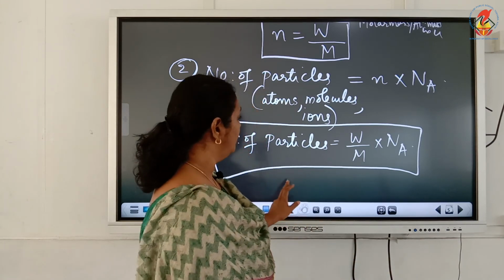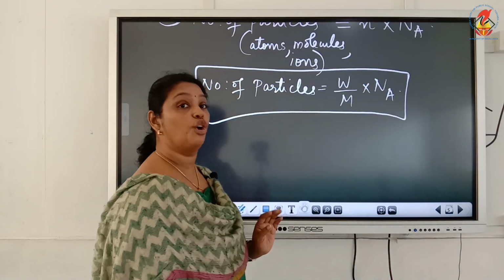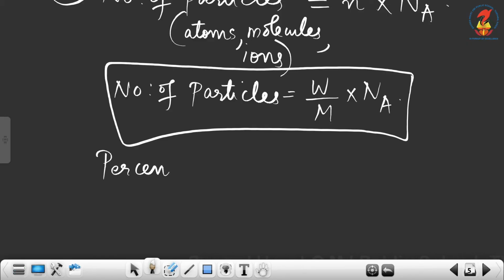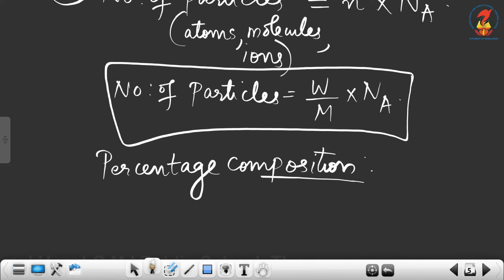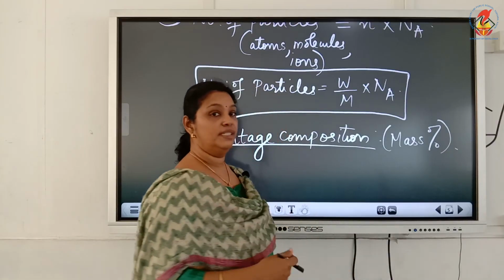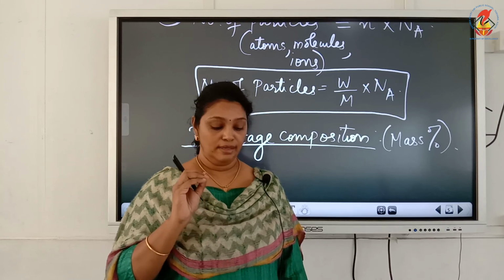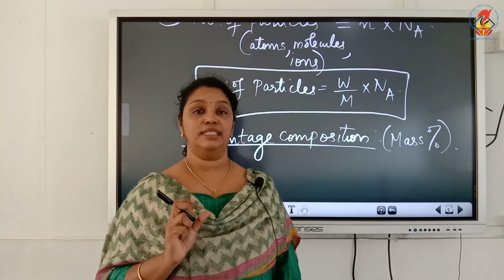Now the last term coming here is percentage composition. What do you mean by percentage composition, or this is also called mass percentage? It is the mass percentage of an atom present in a compound.